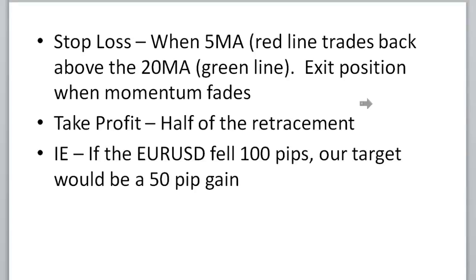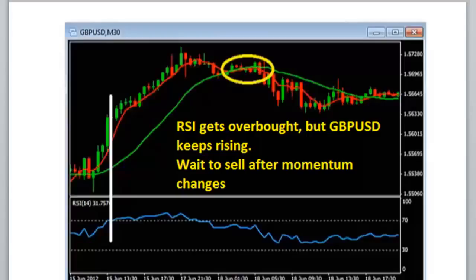Okay, so where do we put our stop loss and take profit? Our stop loss will be when the 5 period moving average, the red line, trades back above the 20 period moving average. Let's take a look at our previous chart.